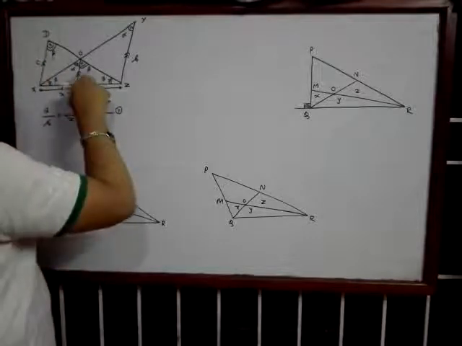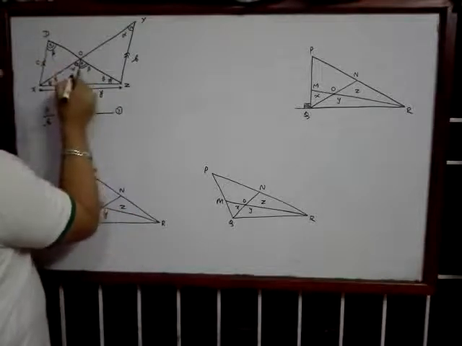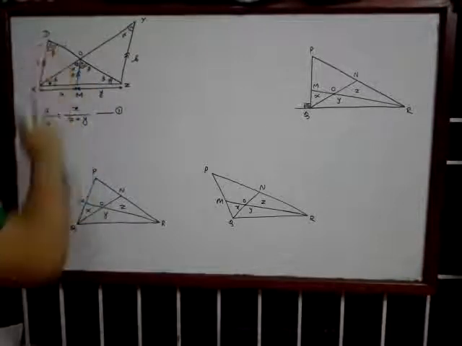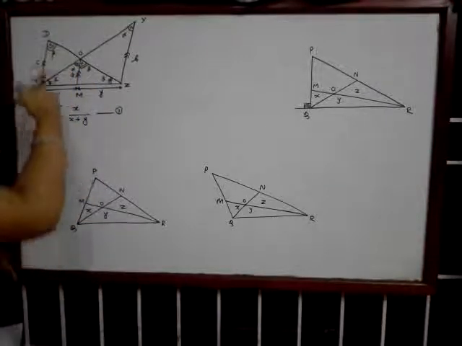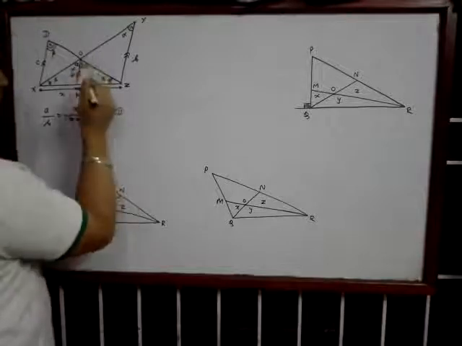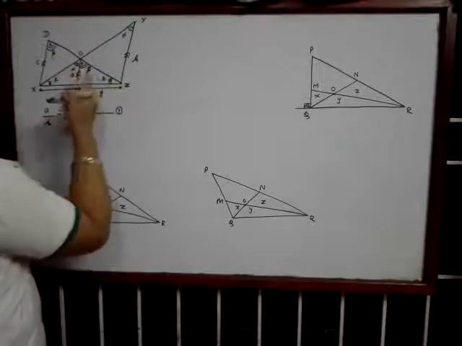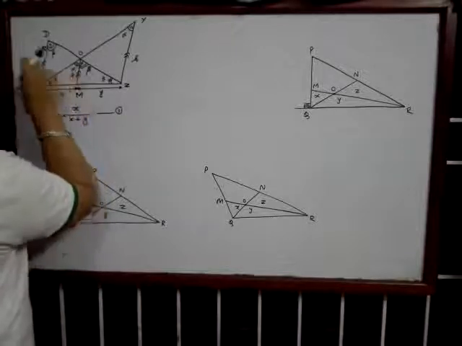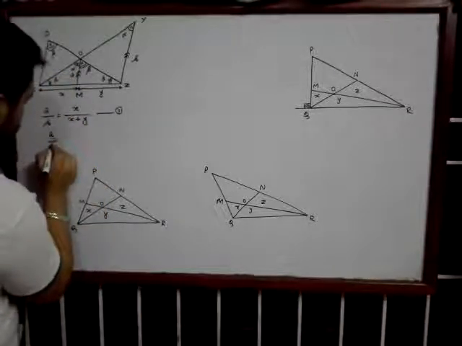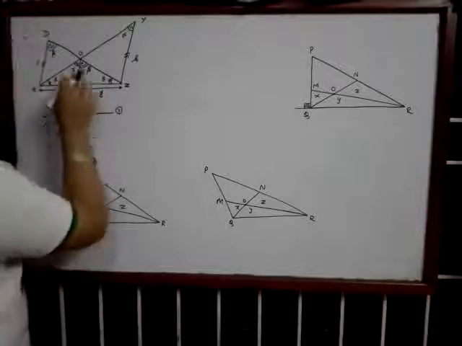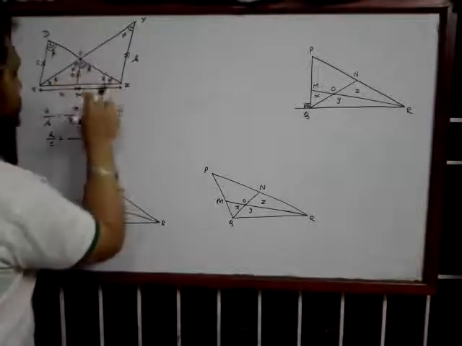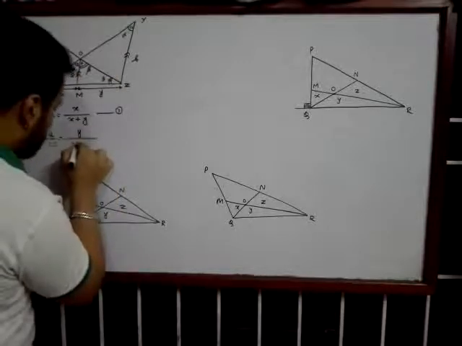Since these two lines are parallel, if this angle is beta, then this angle is also beta. Now, using the proportionality relation between the similar triangles, we get A over C is equal to Y over X plus Y.